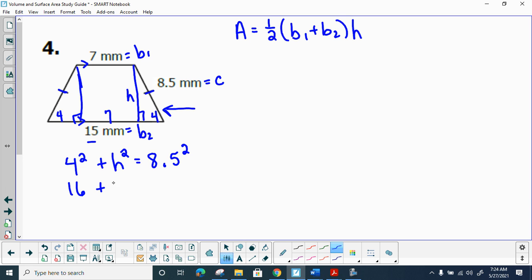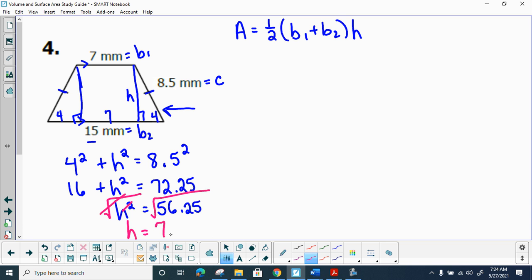So go ahead and square those two numbers. And then subtract the 16. And then to undo the square, we will square root. And we get 7.5. So the height is 7.5 millimeters, sorry.